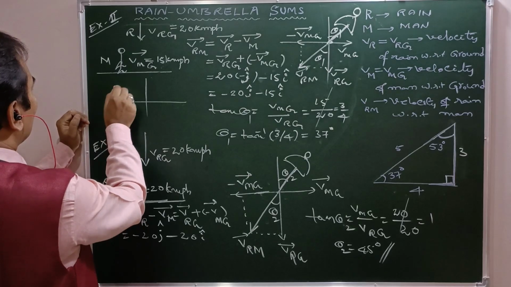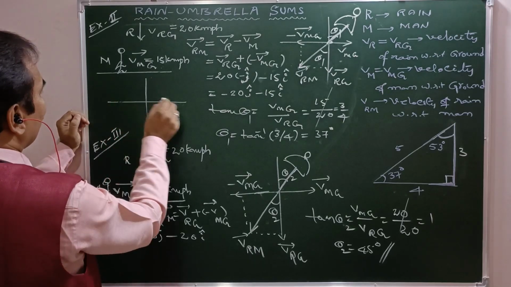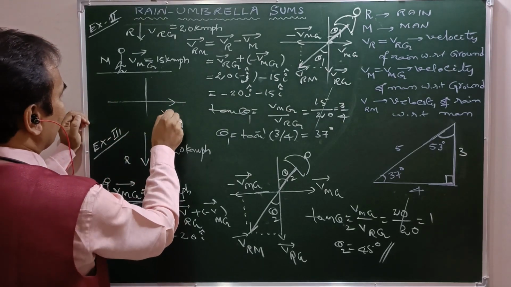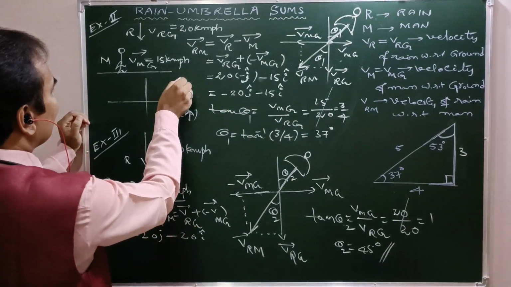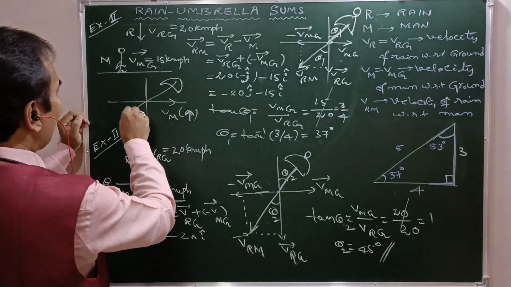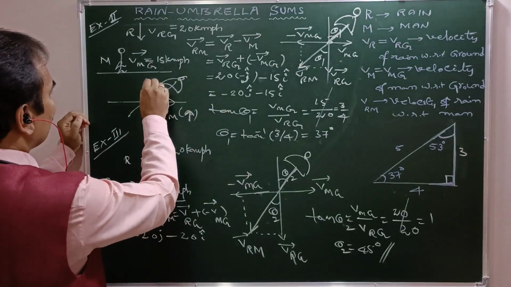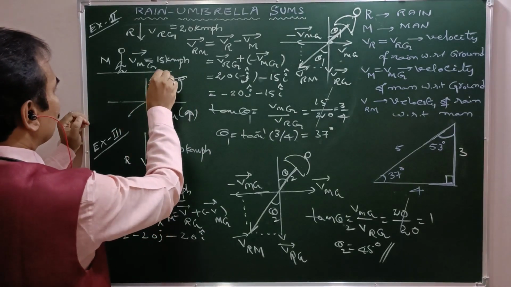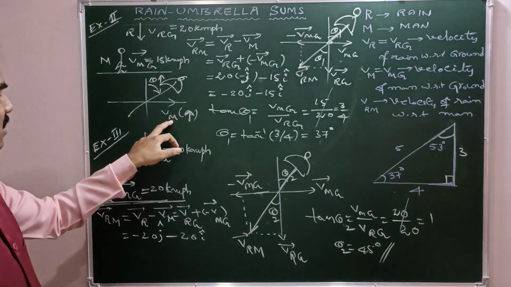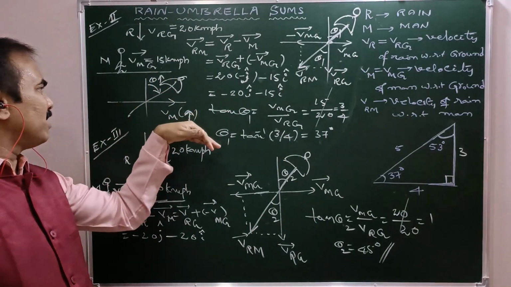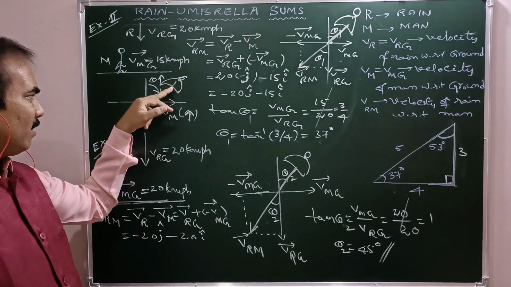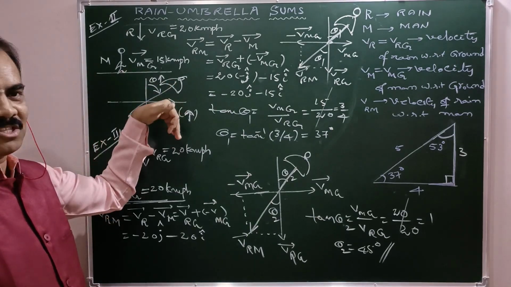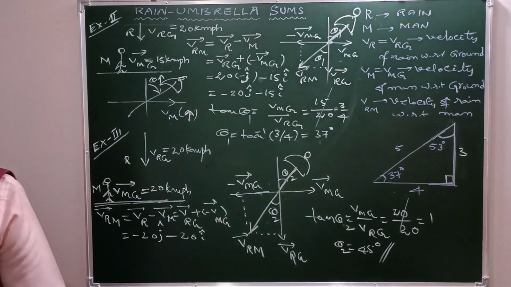Suppose the man is running, velocity of man increasing, here the angle made by umbrella also is to be increased. See, as velocity of man increases along horizontal, the angle made by umbrella with vertical also increases. That is the inference, right?